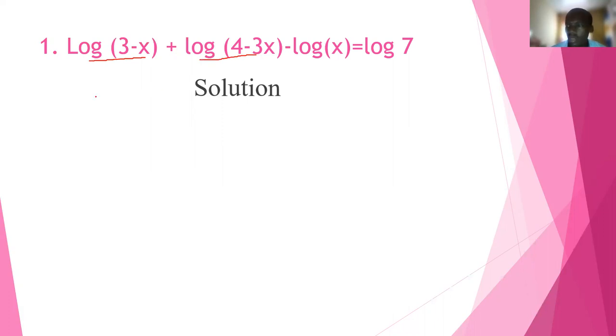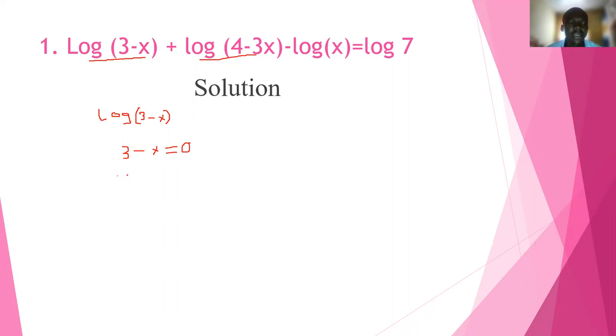If we begin with the first argument, that is log(3 minus x), the argument of this log is greater than 0. So 3 minus x is greater than 0.